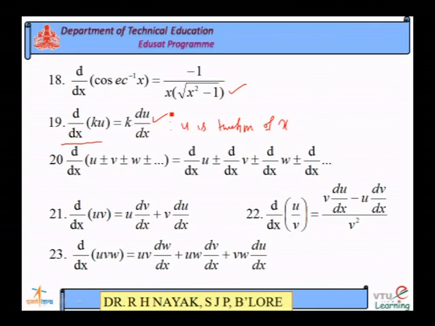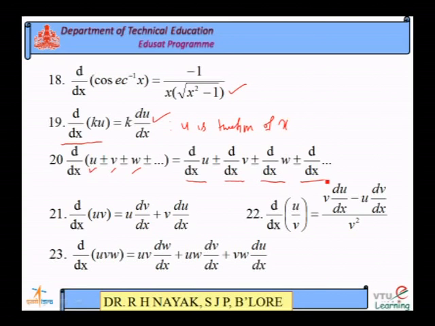Next, the sum or difference rule. If we have sum or difference of many functions, then we have to differentiate individually: differentiate u plus or minus differentiate v plus or minus differentiate w plus or minus differentiate other given functions.